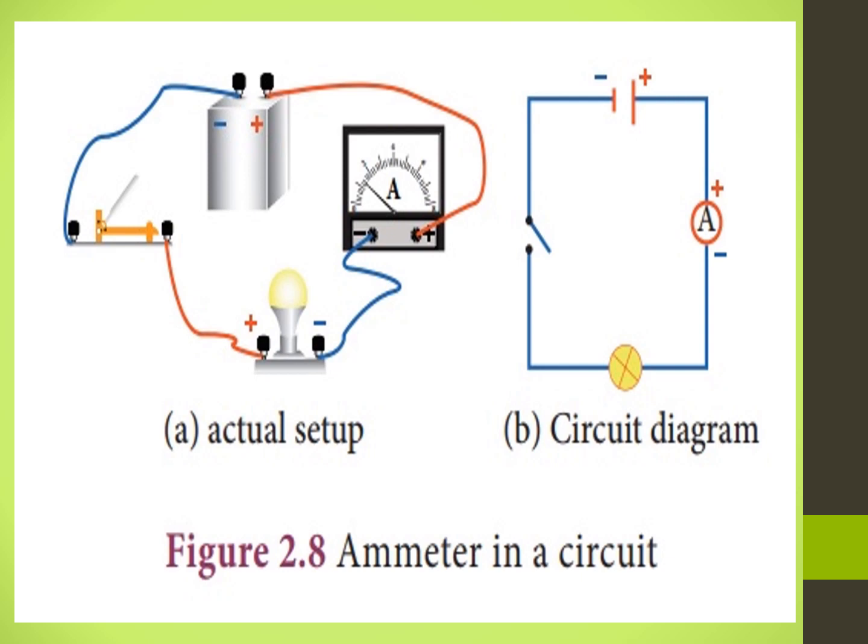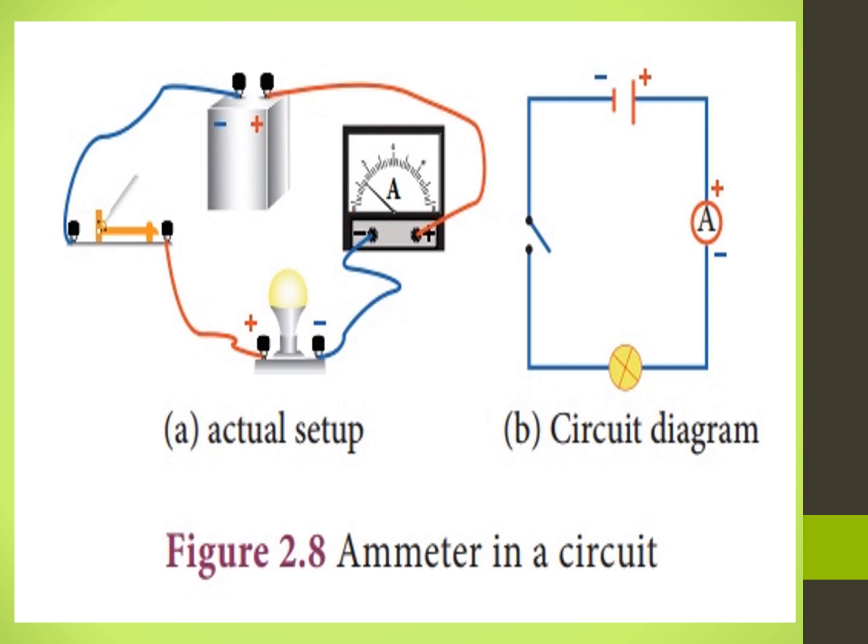Ammeter is connected in series in a circuit where the current is to be found. The current flows through the positive, red terminal of the ammeter. Everybody now see the picture. Ammeter, actual setup, ammeter in a circuit. Page number 42 also. Two wires are there, one red color, one blue color. The ammeter is connected in series in a circuit where the current is to be found.